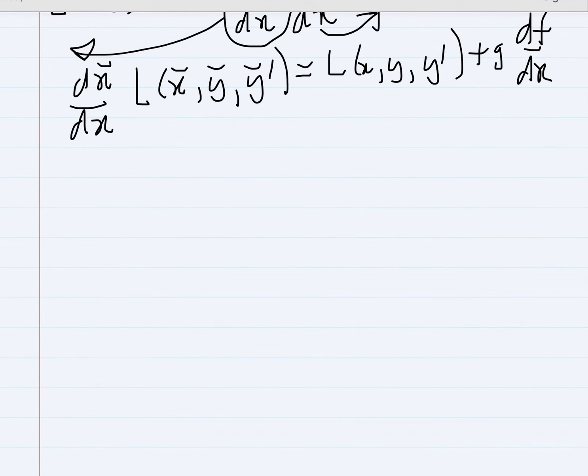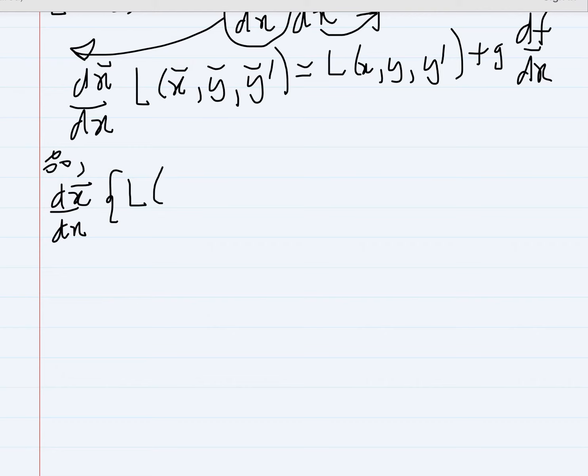What I'm going to do next is to write out the x bar, y bar dash on the left hand side in an expanded Taylor form. So we get, therefore, up to first order in the parameter, on the left hand side, the derivative of x bar with respect to x multiplied by, I'm going to expand the function L on the left hand side eventually.